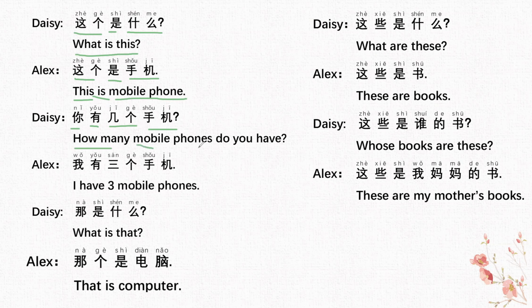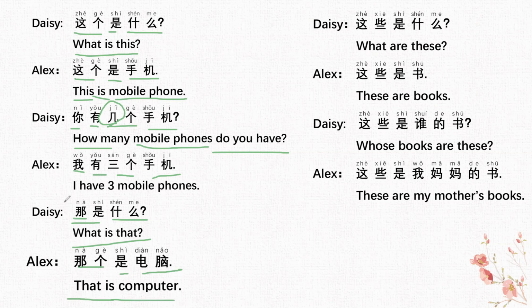How many mobile phones do you have? 我有3个手机. I have 3 mobile phones. You see here, I use 几 because I know that it's going to be below 10. 那是什么? What is that? 那个是电脑. That is a computer.